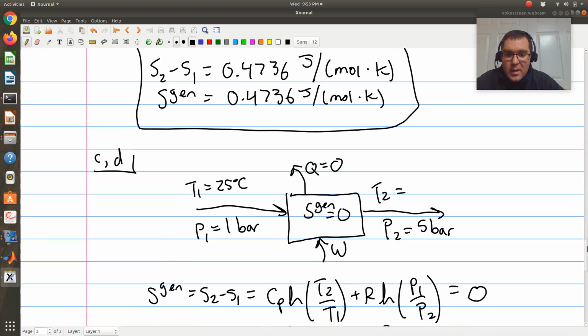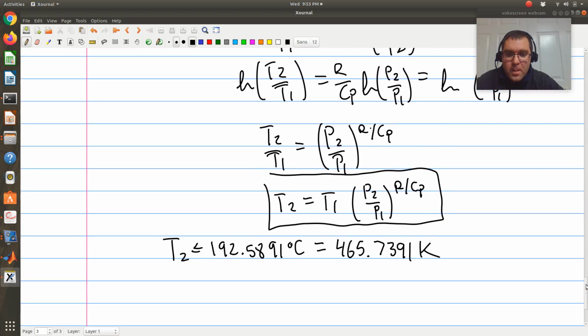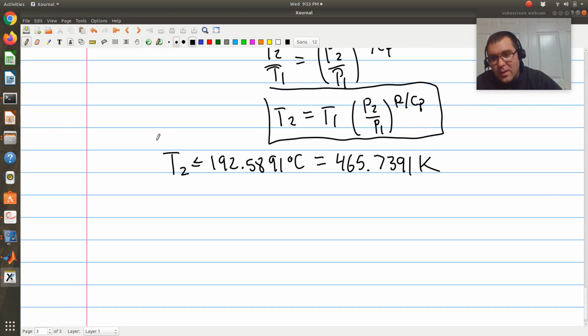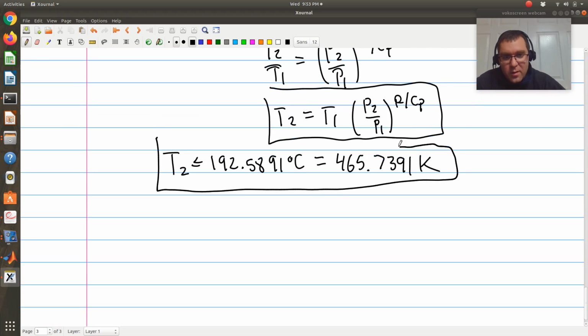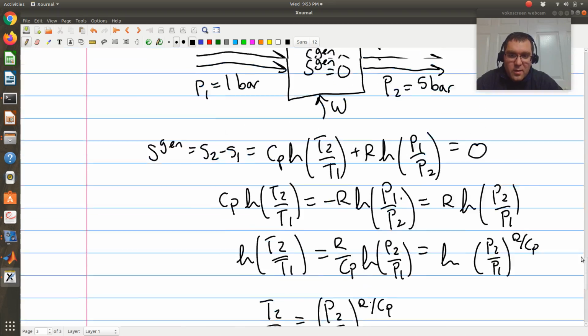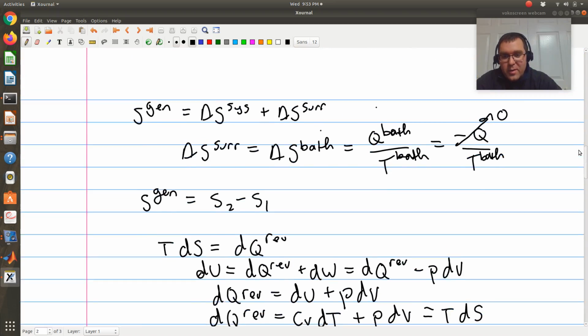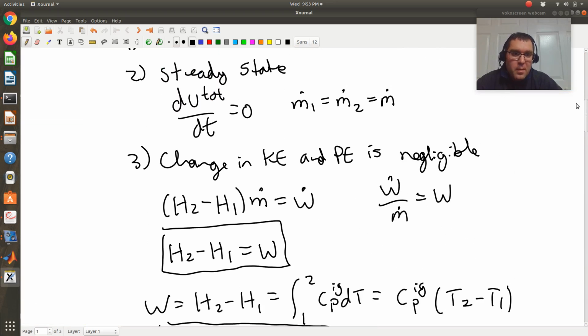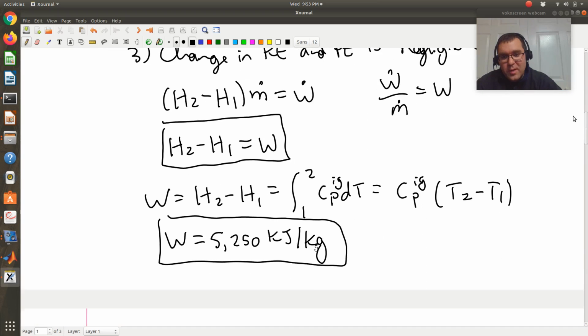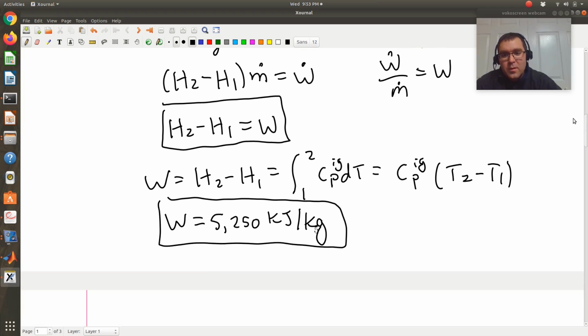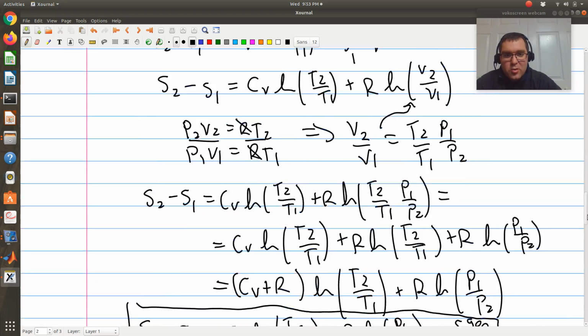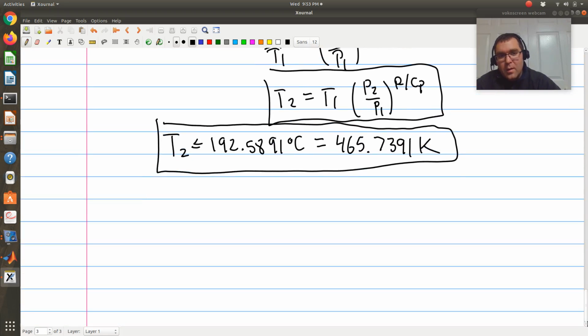So there's the exit temperature that they ask for. But they also ask for the necessary work for that reversible case when Sgen is equal to 0. To get that, I'm going to go back to what we'd worked out for A and B. My first law balance for this problem is just H2 minus H1 is W. So W is Cp ideal gas, T2 minus T1.